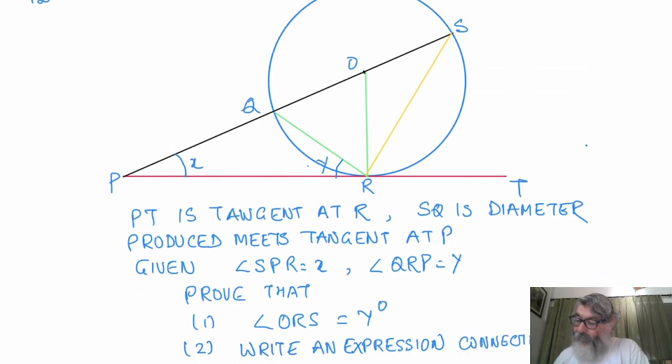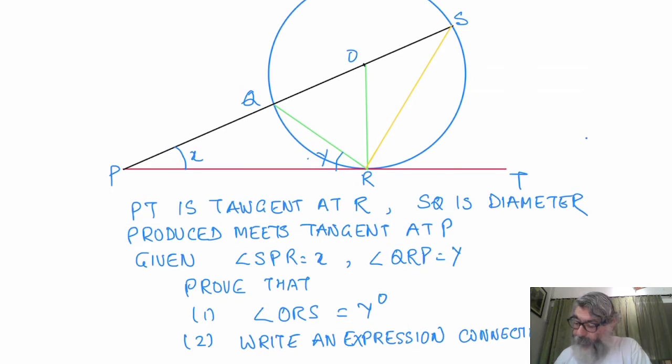I would say that angle QSR will be equal to angle PRQ, which will be equal to y degrees. This will also be y degrees. Why? Angle between a tangent and chord.